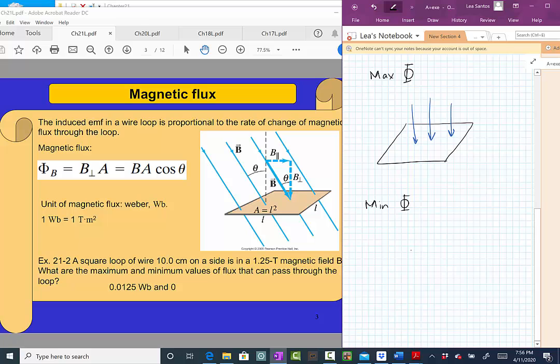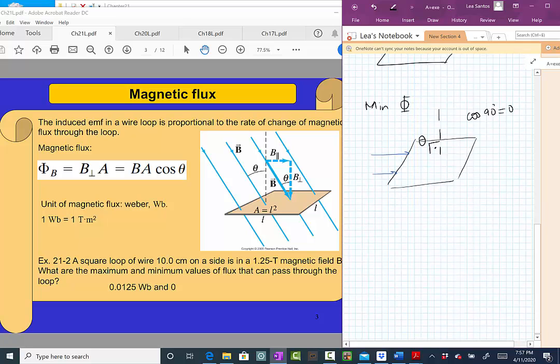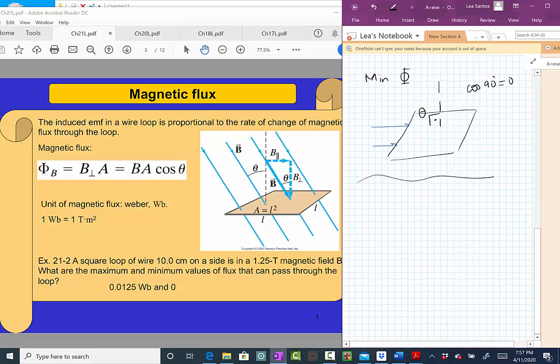Well, the minimum is zero. The zero shows up when our magnetic field comes parallel to the area. Parallel to the area means that our angle theta is 90 degrees, and cosine of 90 degrees we know is 0.